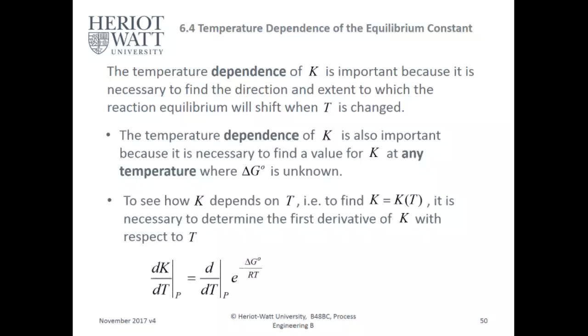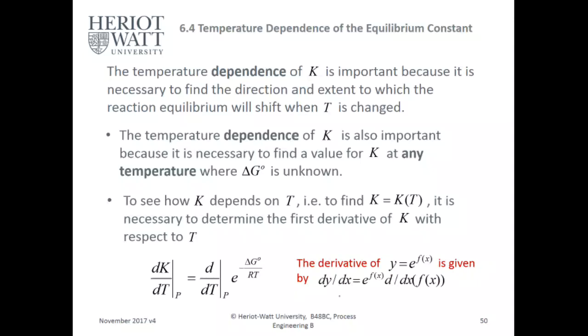So, dK/dT at constant pressure equals d/dT at constant pressure of e to the power negative delta G over RT. The derivative of y equals e to the power f(x) is given by dy/dx equals e^f(x) times d/dx f(x).